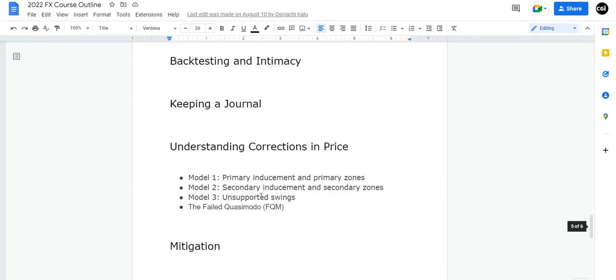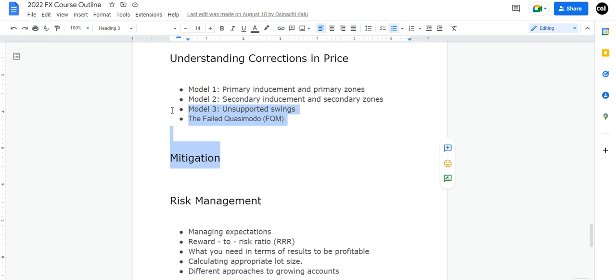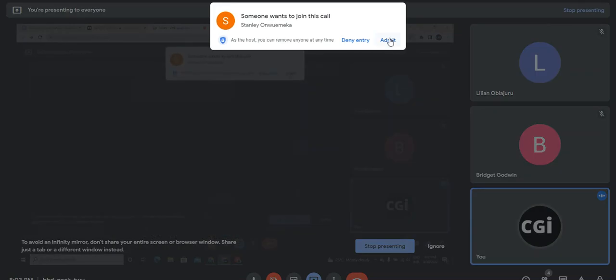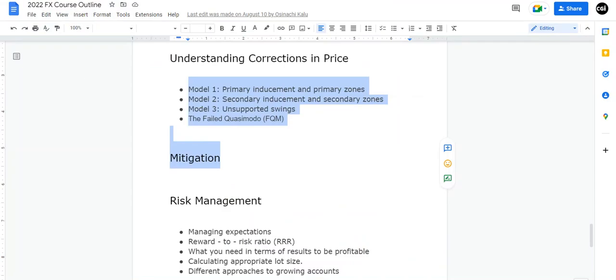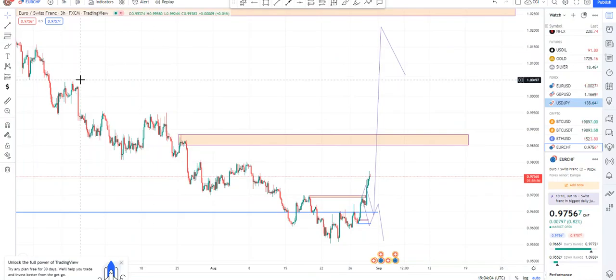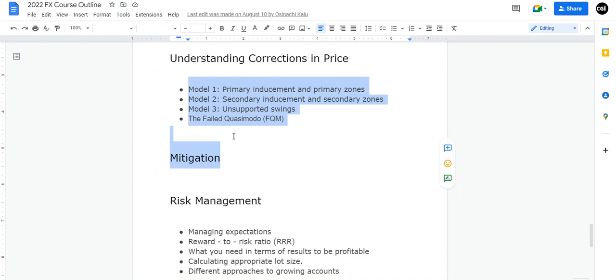Then we'll have one last thing concerning technical analysis, which is inducements. Once we're done with inducement and mitigation, we'll practically be done with all the technical aspects of this training.